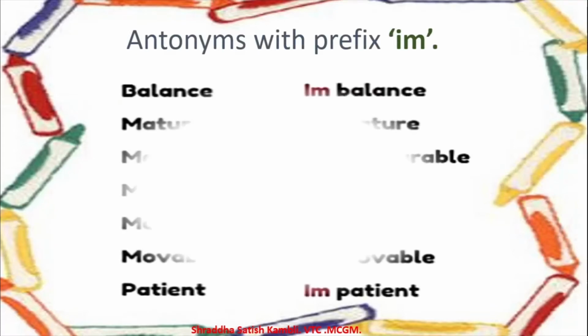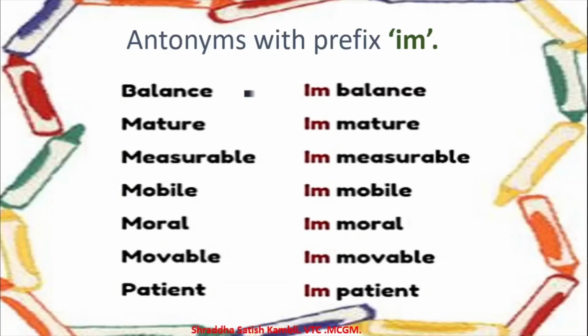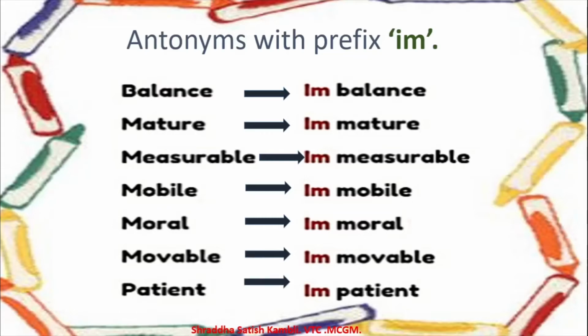So let's see, we have balance, imbalance, mature, immature, measurable, immeasurable, mobile, immobile, moral, immoral, movable, immovable, patient, impatient. So these are some antonyms with prefix im.